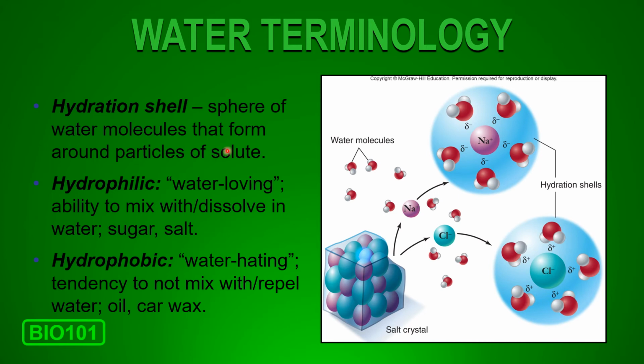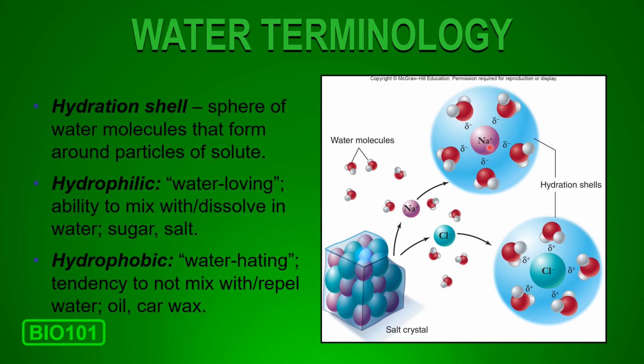And what happens is when particles, in fact they're showing sodium chloride, table salt right here. You throw some salt into a glass of water, and the sodium and the chloride of the salt crystals dissociate. They come apart, and they are attracted to the water molecules.